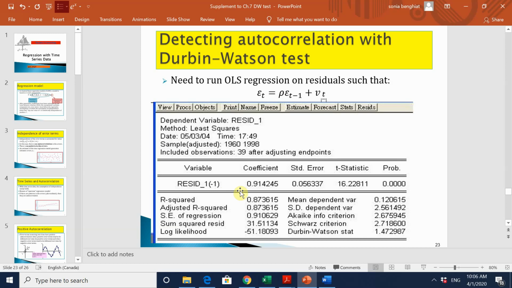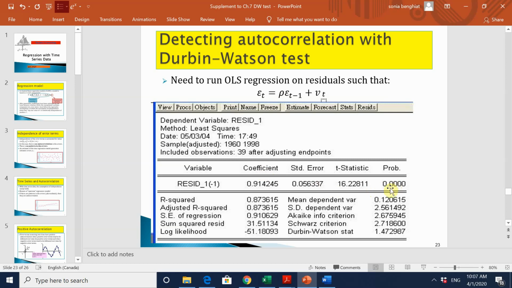This coefficient is this quantity right here. It's like doing a little regression model without an intercept to get my rho estimate. My rho estimate is 0.9142, and I see that my predictor is significant.